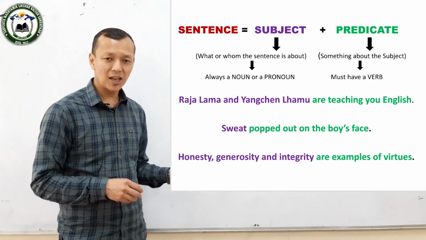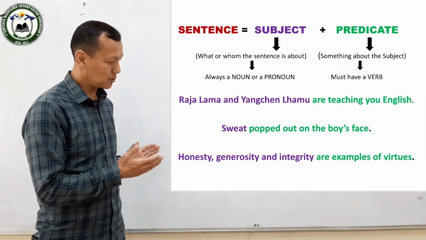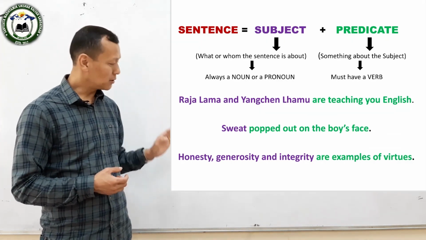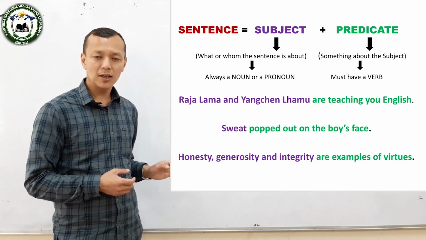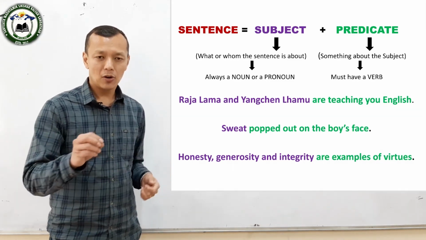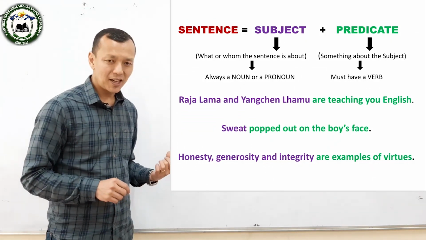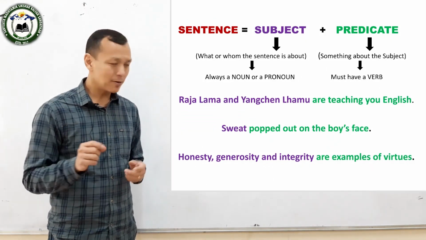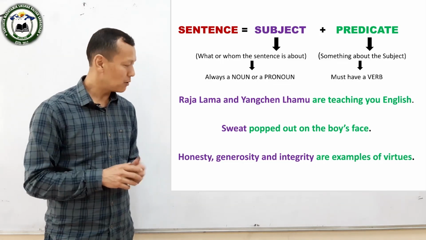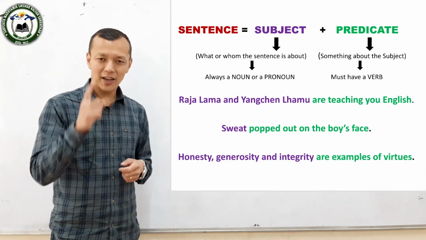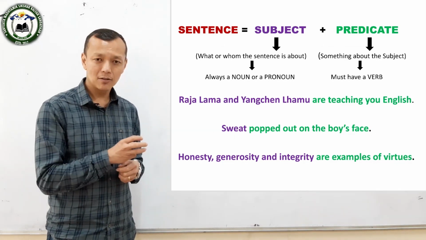Now in the third sentence, the subject part of the sentence, I told you, must be a noun or a pronoun. Third sentence ma all of them are nouns and they are abstract nouns. अझै एउटा कुरा यहाँनिर के नोटिस गर्नुहुन्छ भने थर्ड सेन्टेन्समा तीनटा भिन्दै भिन्दै आइटम मिलेर एउटा सब्जेक्ट बन्यो, honesty, generosity and integrity. Sentence number 2 मा एउटै शब्द मात्रै छ, sweat.